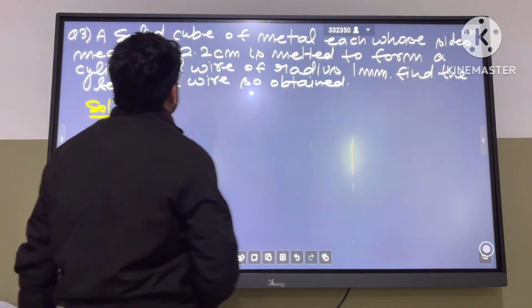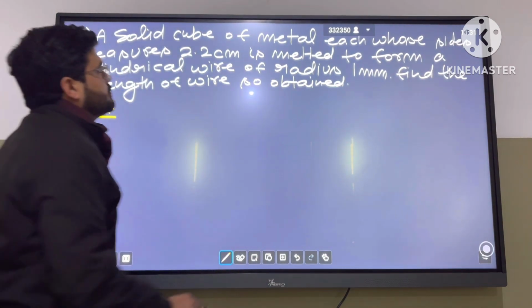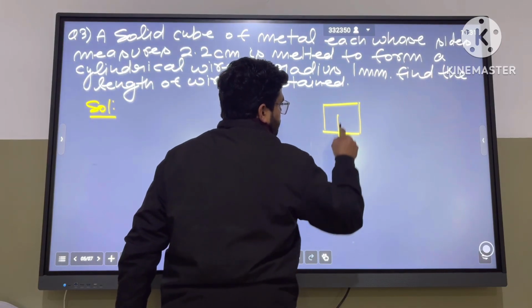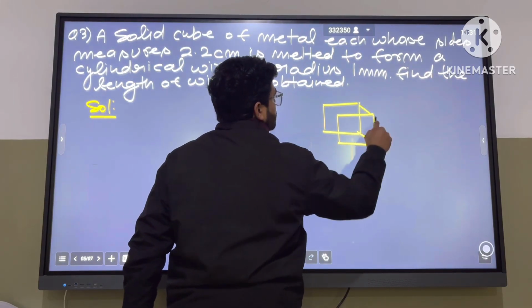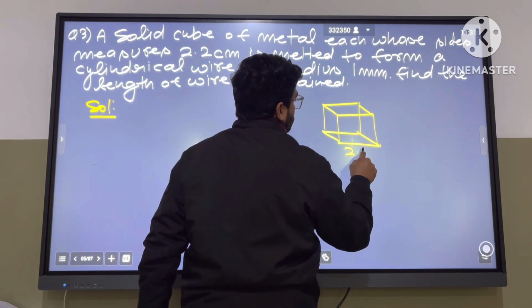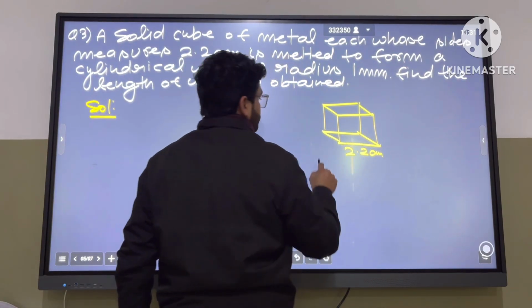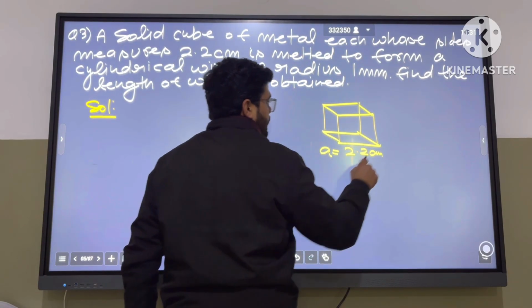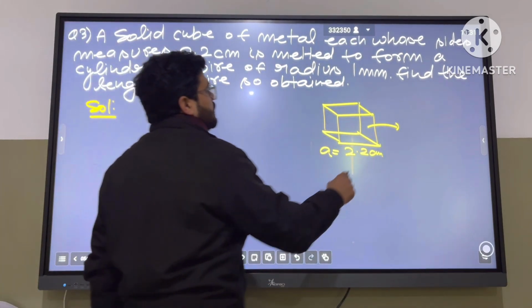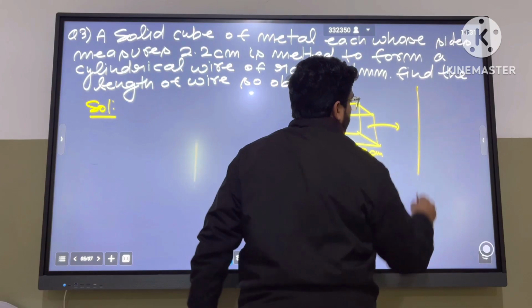So in this question we have given a cube of metal, whose side is 2.2 centimeter each, and it is melted and recast into a wire like this.